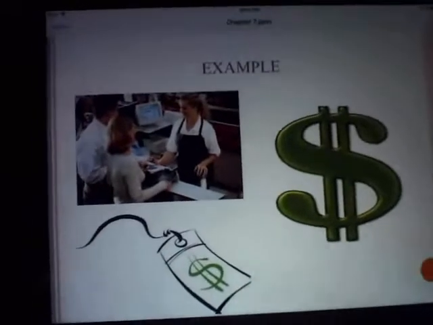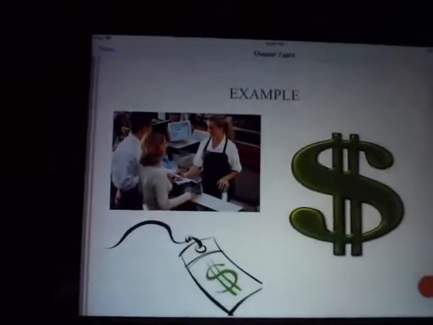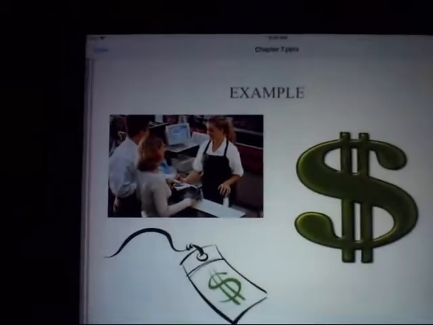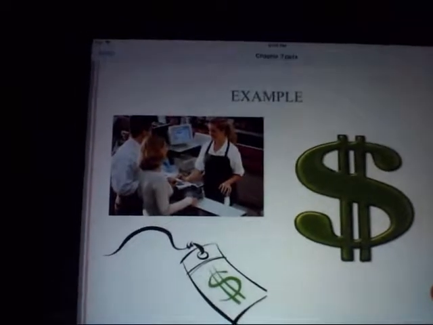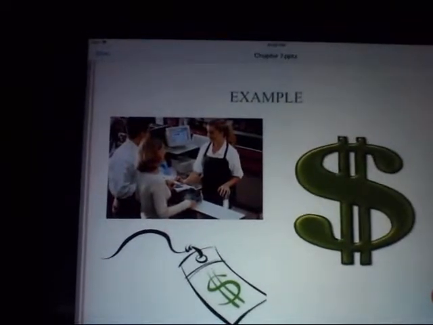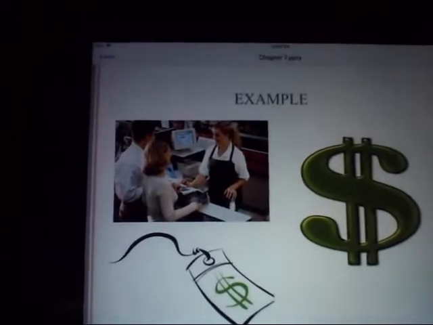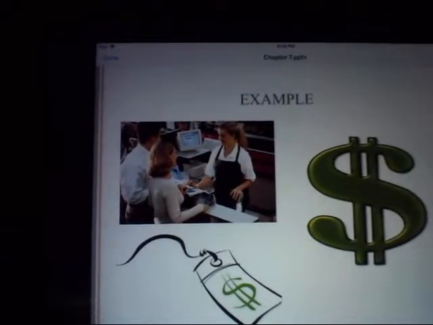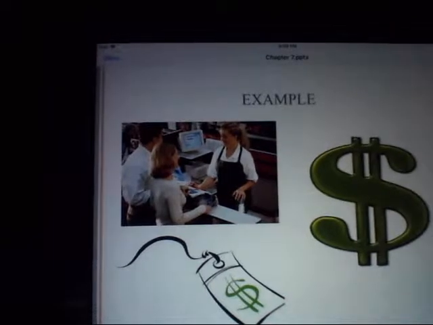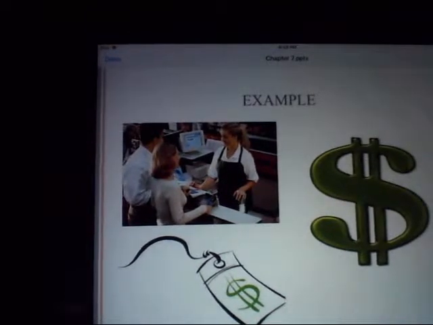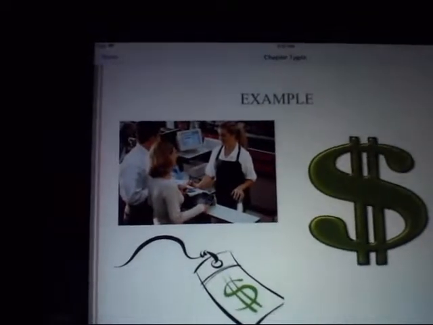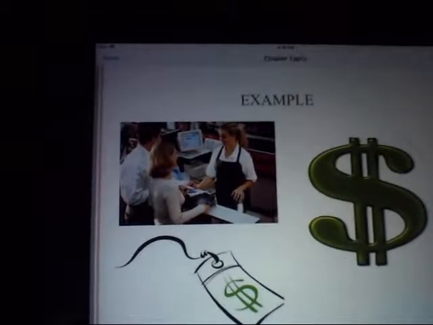Okay, so student engagement. One of the activities that would be relevant, fun, and that would engage them: let's say you're going to teach percentage, correct? You would make a store, put items in it, and then give them 1 minute to buy whatever they want from that store that you made up.